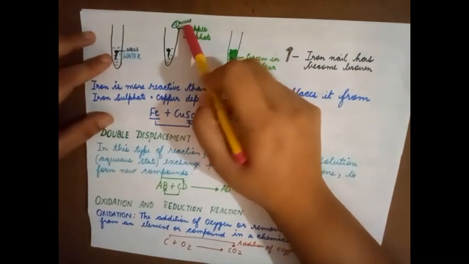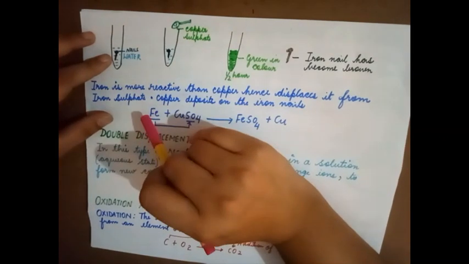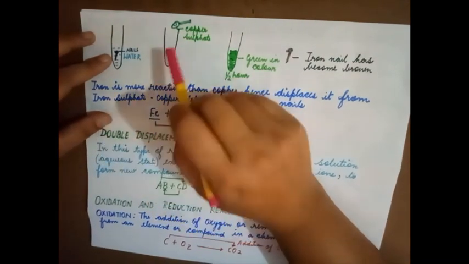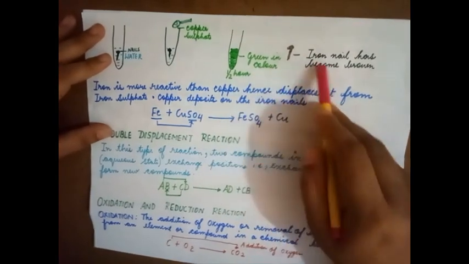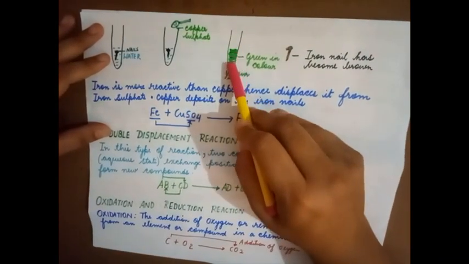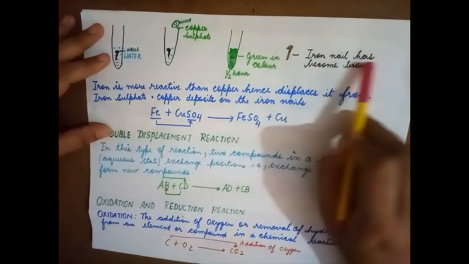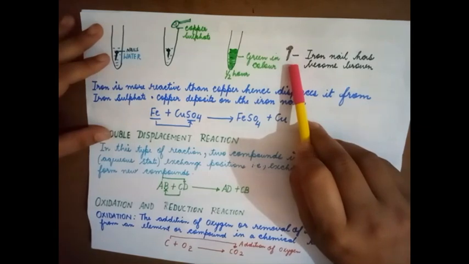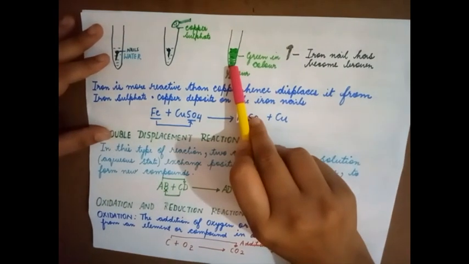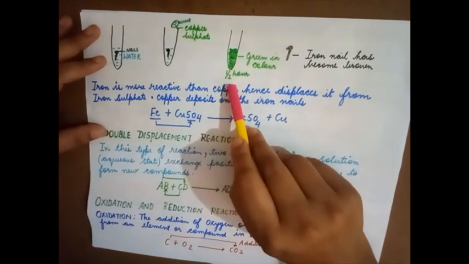Now to this same test tube we are adding a few crystals of copper sulfate, and the solution becomes green in color, whereas the iron nail which was placed inside has become brown in color. Now we need to know why the iron nail has become brown and the solution has become green after half an hour.